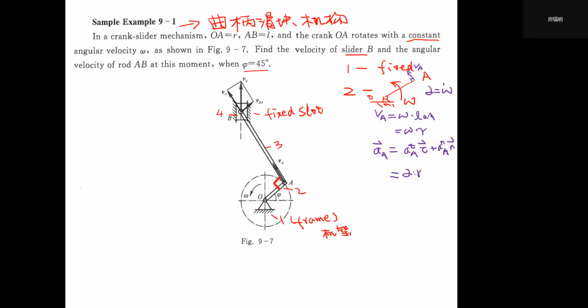So this part has 0 value, and this part AAN will always equal what we have learned, V squared over R. So it will equal omega squared R squared over R. It always equals omega squared R. And its direction will be along this direction. So this will be AA.